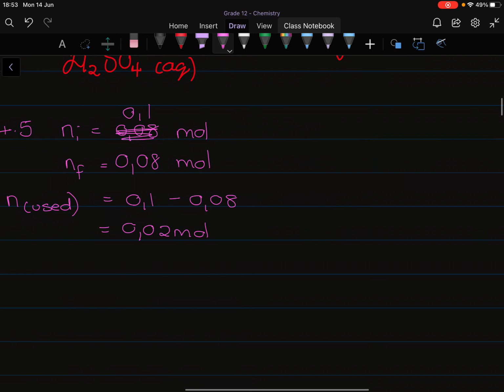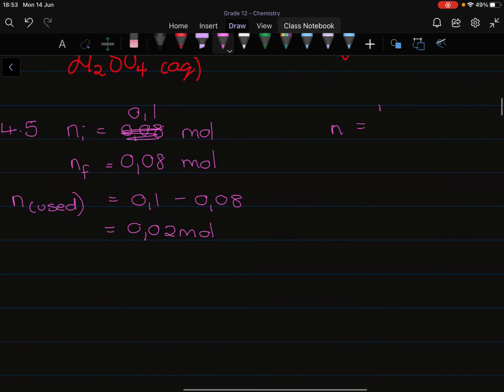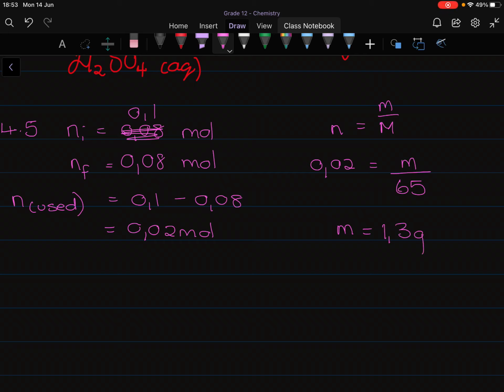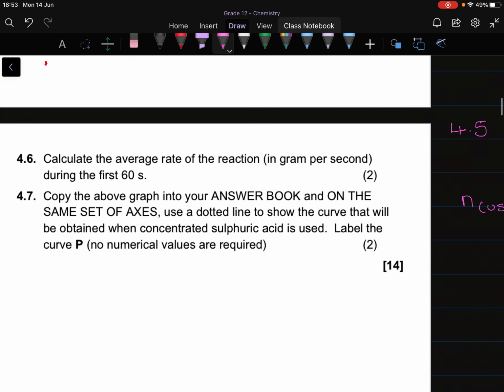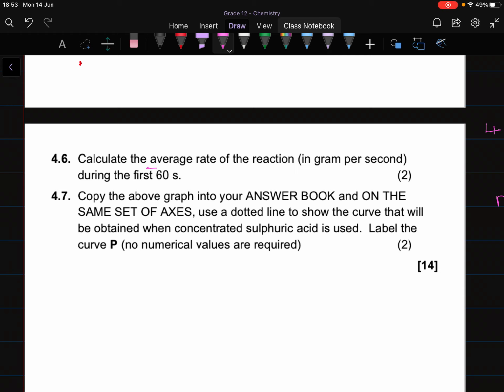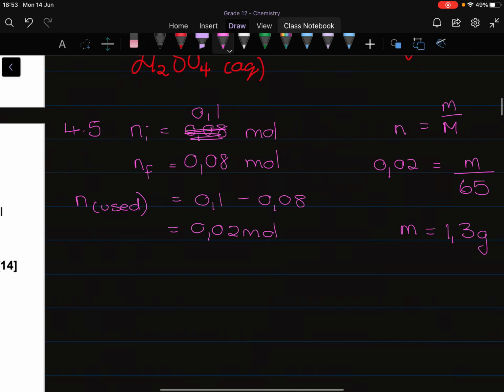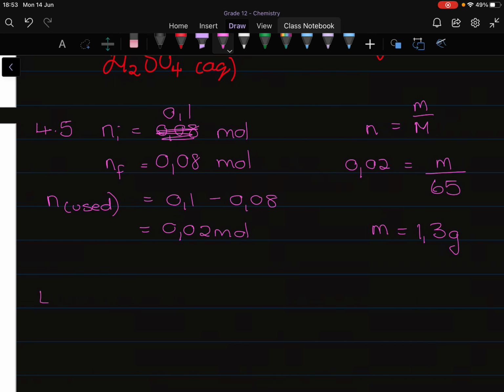But I wanted mass. Now we go back to what we know about stoichiometry, in that n equals m over M. So that's 0.02. We want the mass. The molar mass of zinc is 65. We get that off our periodic table. That gives 1.3 grams. That's not so bad. But why did we need that? Because now they say calculate the average rate of the reaction in grams per second during the first 60 seconds. Well, we can only do average rate, okay?